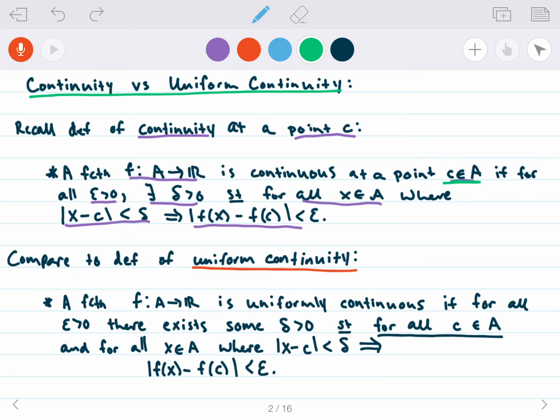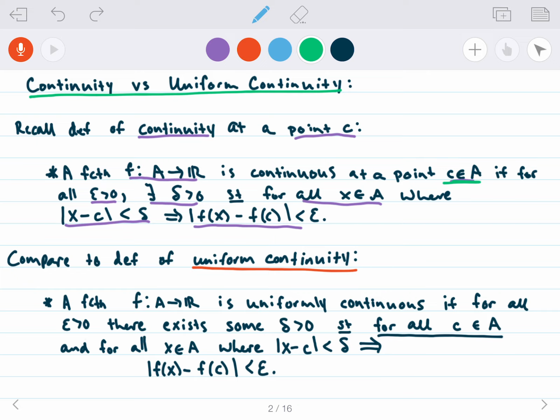And so uniform continuity is a stronger condition than continuity. It's saying that the function is continuous in the same sort of way everywhere. And so what that means is that for every point in your domain, you can use the same delta neighborhood. Whereas with regular continuity, sometimes our delta neighborhood depended on what C we chose, right?